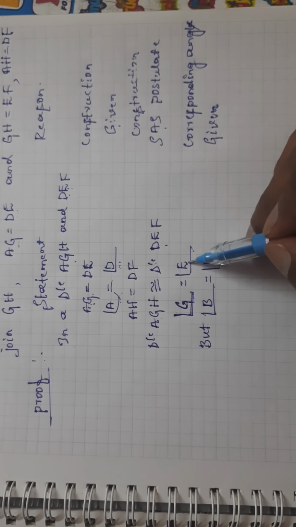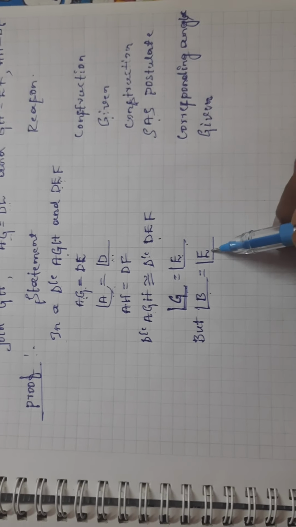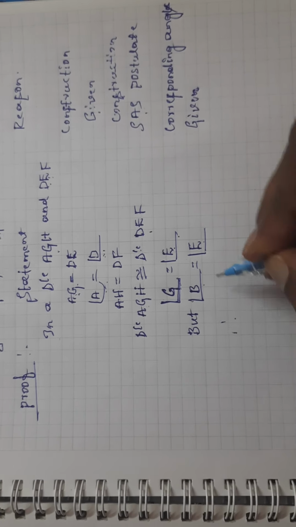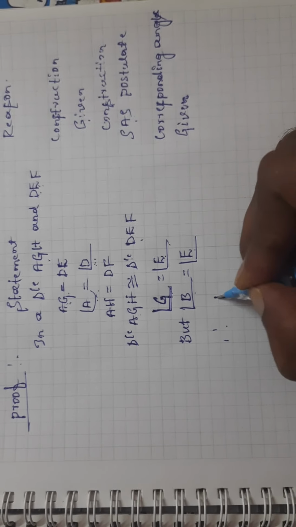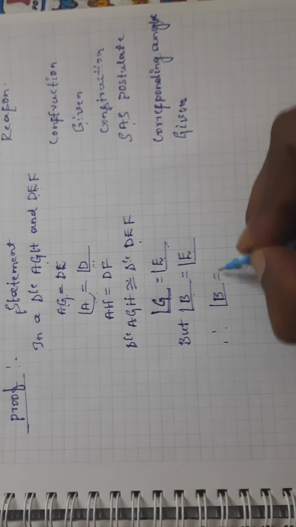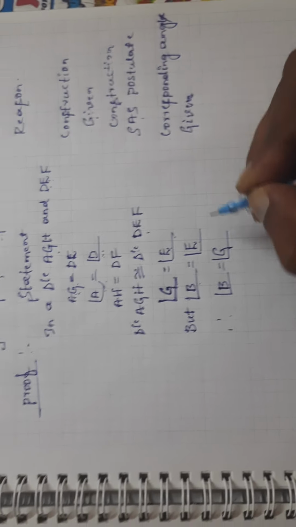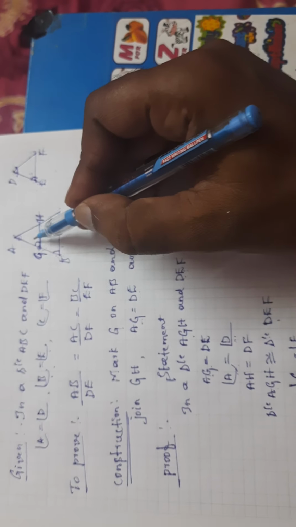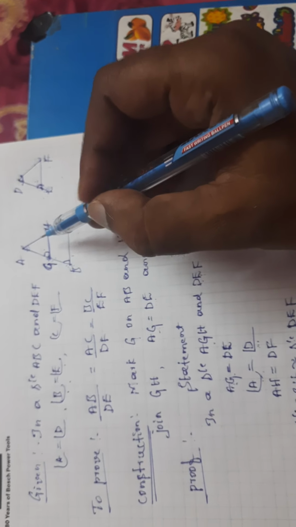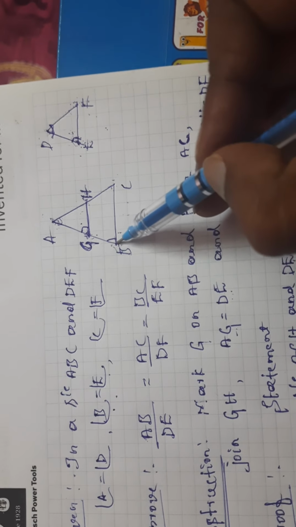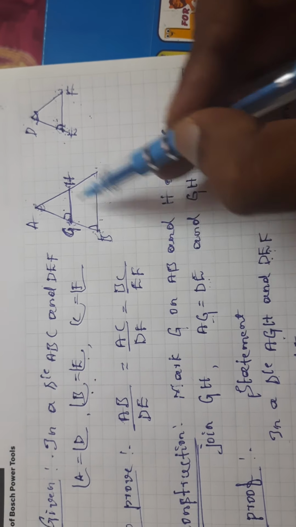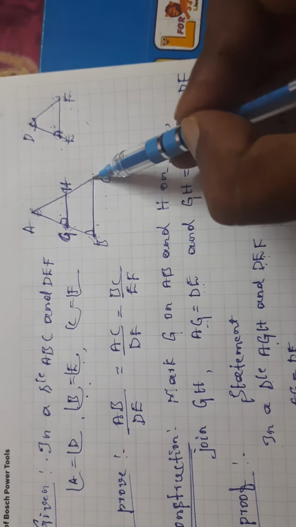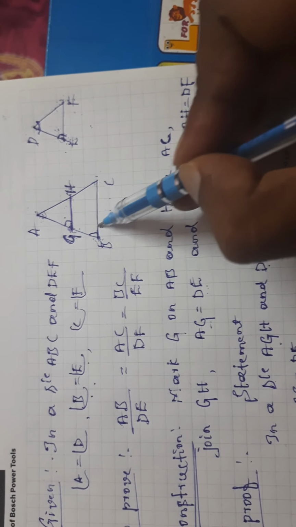Angle G is equal to angle E, angle B is equal to angle E. Can I write angle B is equal to angle G? Angle B is equal to angle G. Now what about these two lines?